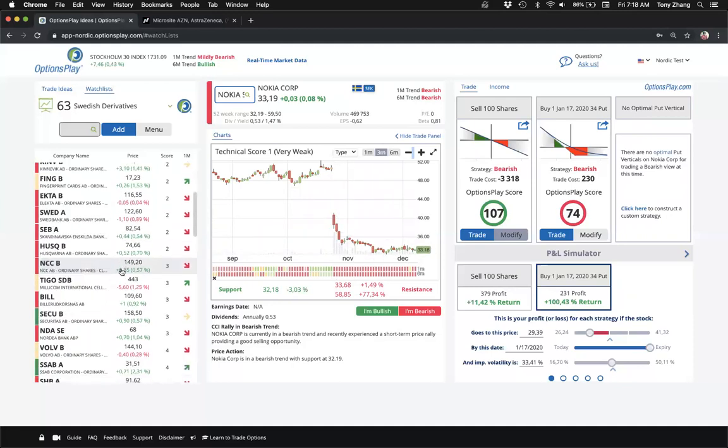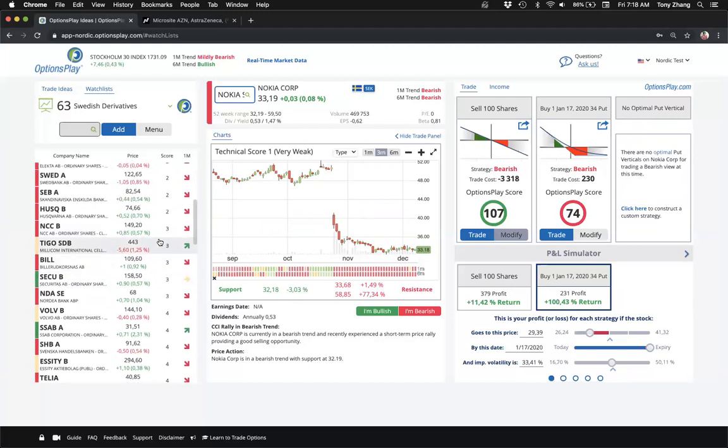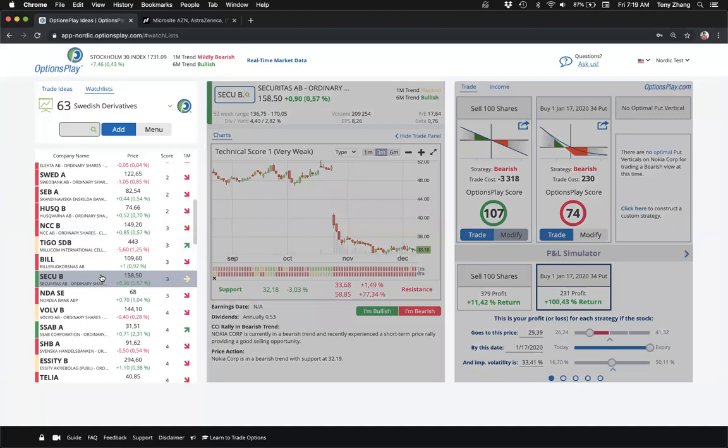And we really built the watch list and the charting to be in sync with each other so that you can actually get a sense for where a stock is trading without even pulling up a chart. So I can pull up a chart and look at SECUB, Securitas AB, and know that it's a weak stock, but it's no longer trending any lower just based on the color and the score.